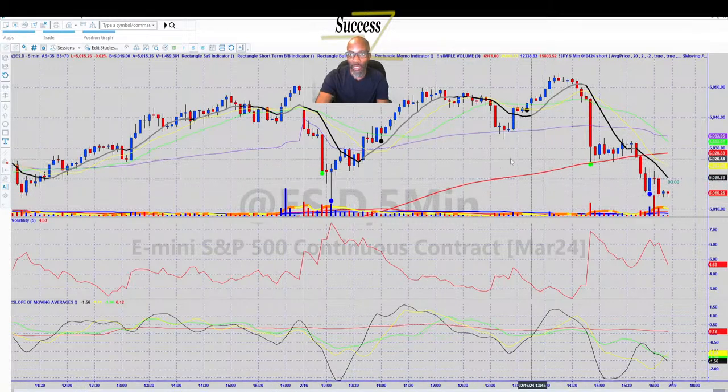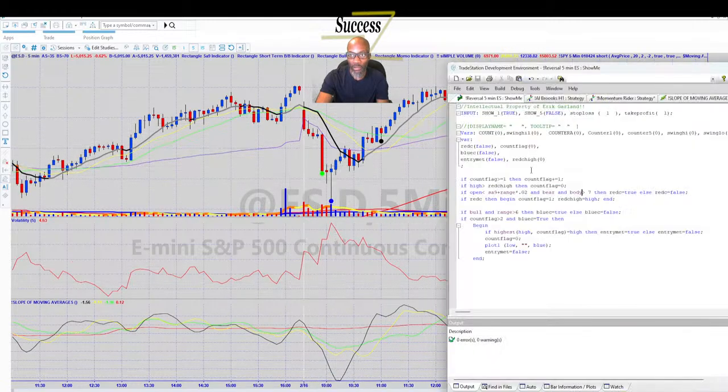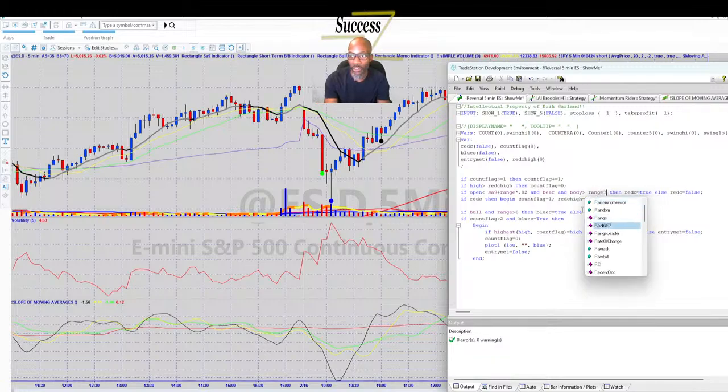Okay. So when we did that, we're going to relate it to the range instead of setting a finite number. There are other ways that we can account for that later, but right now we'll just say the body has got to be greater than range 7.